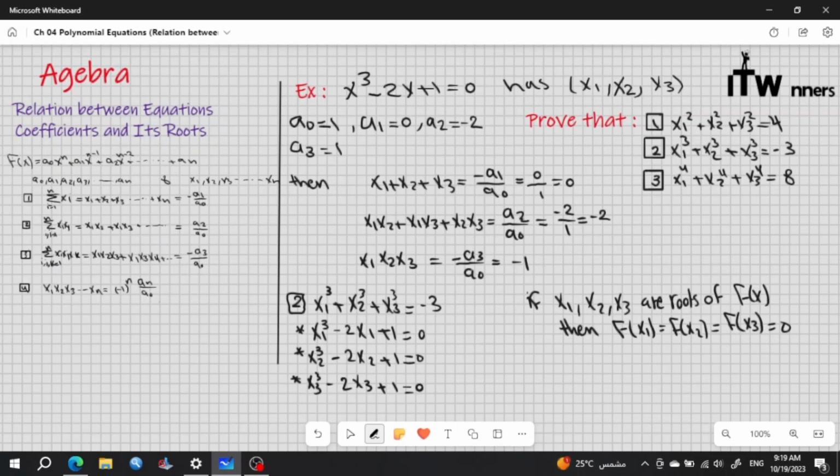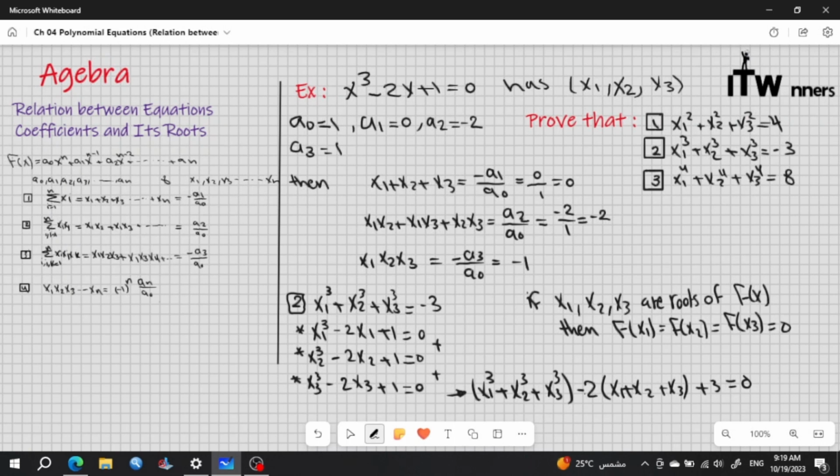Okay, thus we get the summation of these three equations. So we have x1 cubed plus x2 cubed plus x3 cubed, minus 2 into x1 plus x2 plus x3, plus 3 equals 0.